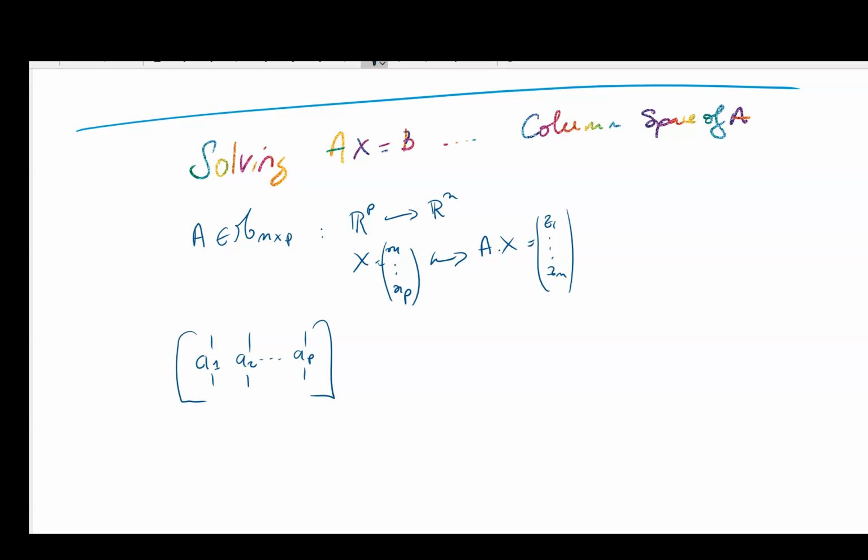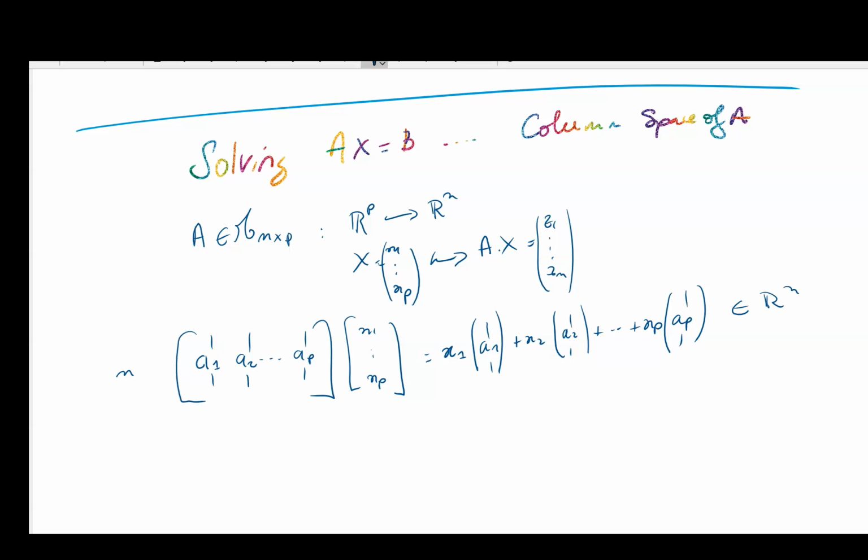That matrix acts on my vector x, and the result z is the linear combination x1 times column vector a1 plus x2 times column vector a2, up to xp times column vector ap. Each of these columns has n components because I've got n rows, so that's why the result is in R^n.